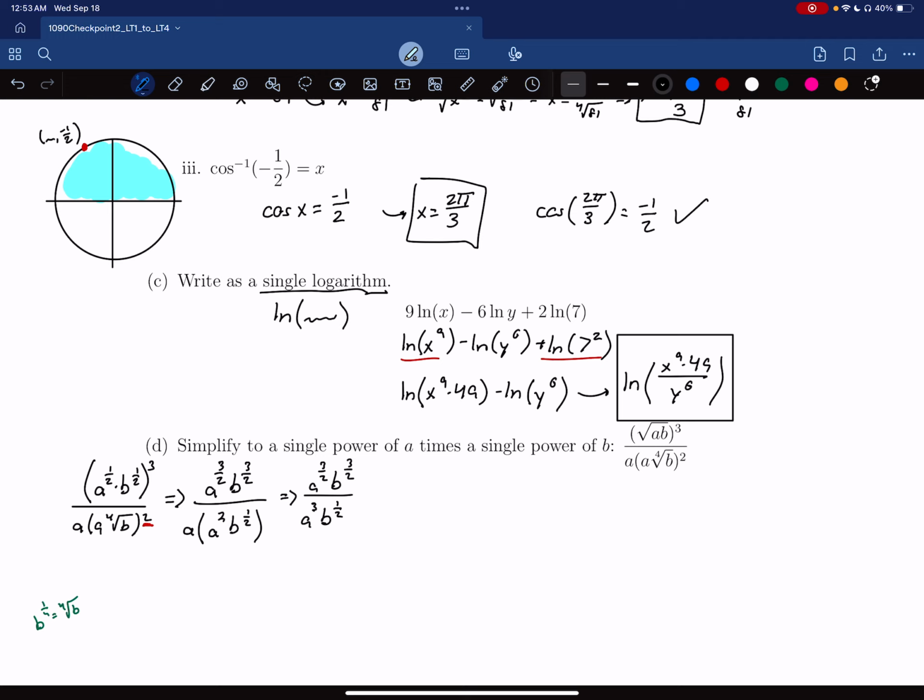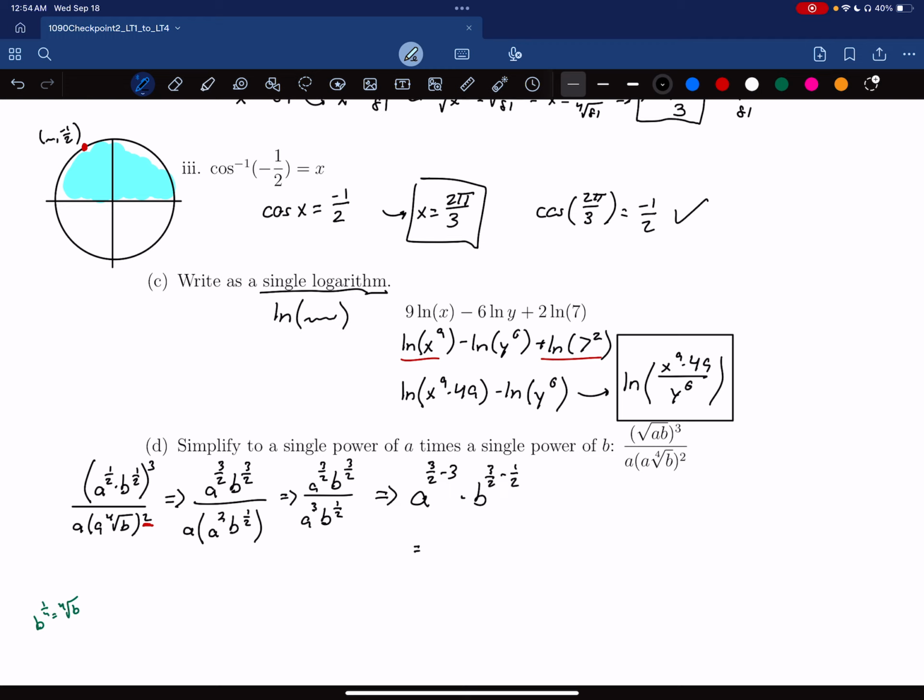When we have something to an exponent divided by the same thing to an exponent, we can basically subtract those exponents. So to clarify that, I can rewrite this as a to the 3/2 minus 3 times b to the 3/2 minus 1/2.